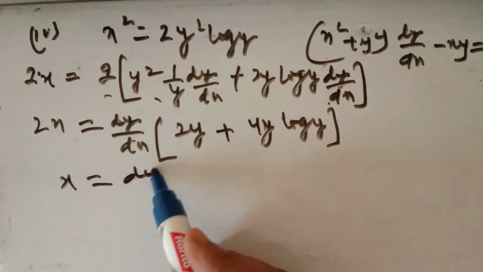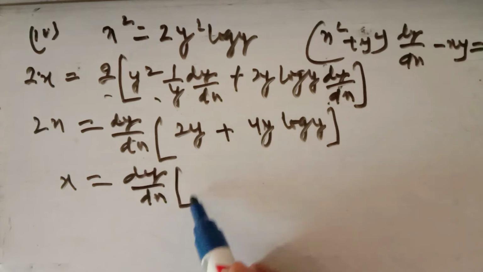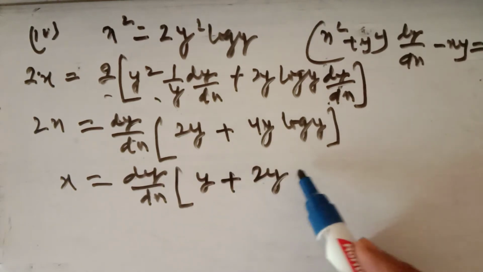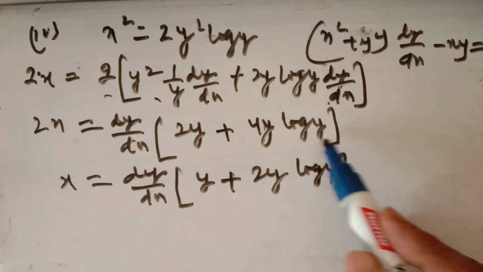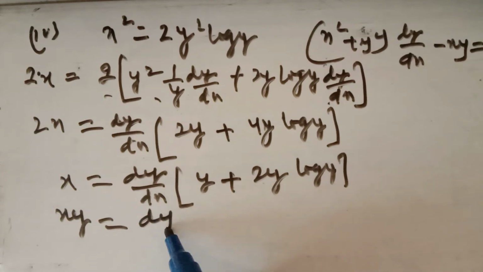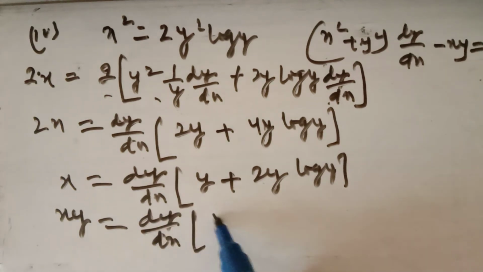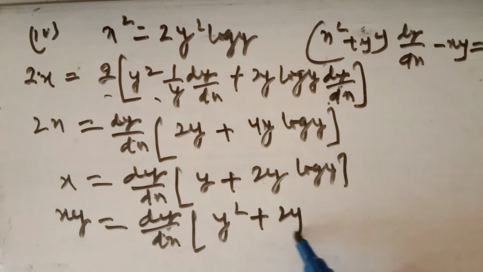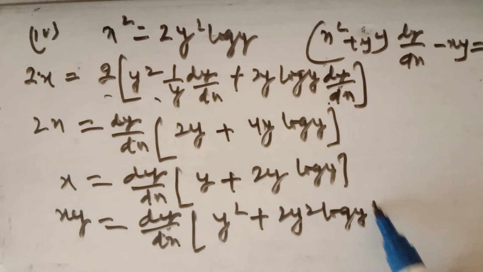So it will be dy by dx times y plus 2y log y. Now because it is minus x into y, we can multiply both sides by y. Multiplying both sides by y, it will become dy by dx times y square plus 2y square log y.